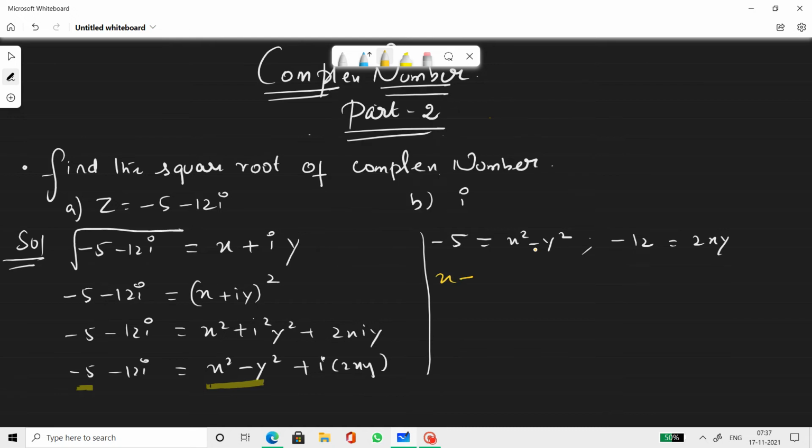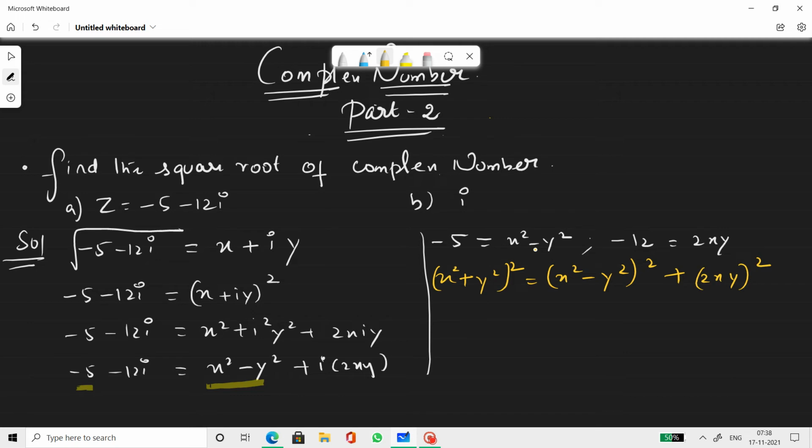x square plus y square the whole square can be written as x square minus y square the whole square plus 2xy the whole square.